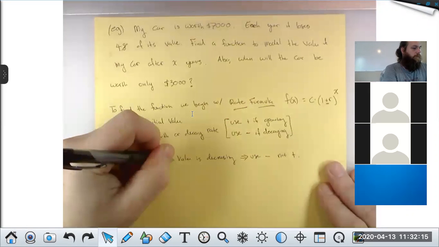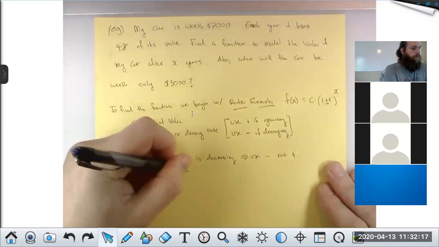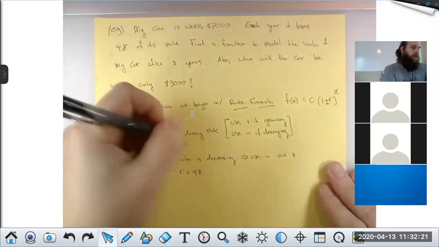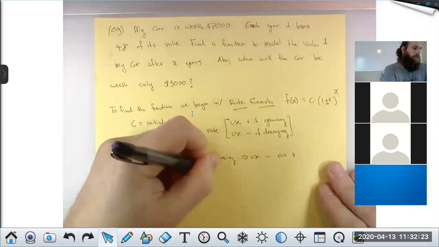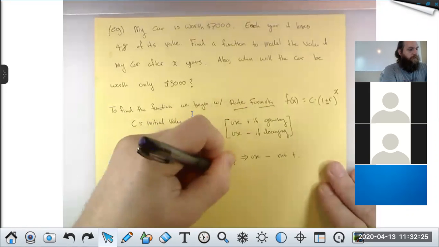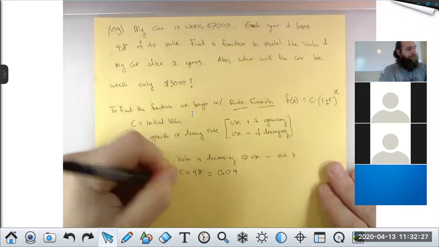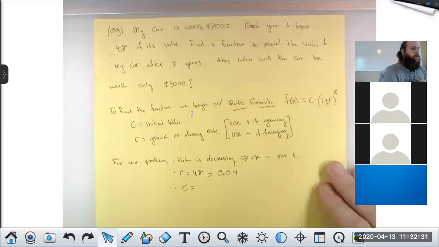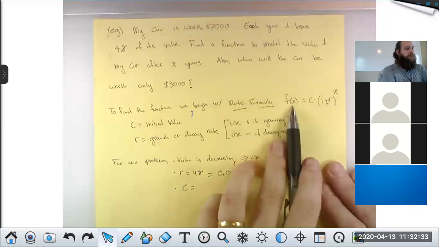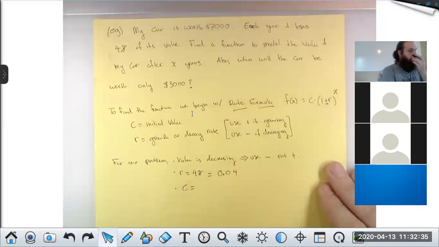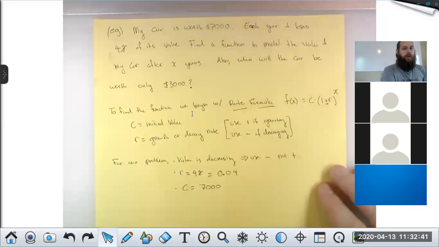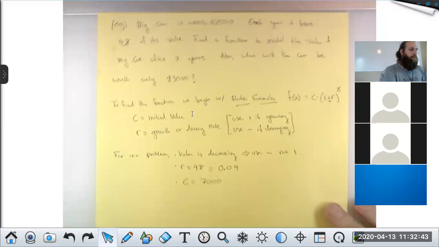Also, I know r, my rate, is 4% per year. And so as a decimal, that's 0.04. And my initial value, the value of the car right now, the value of the car when x equals 0, 0 years have gone by, is 7,000. I'll leave off the dollar symbol here and just work with the number.